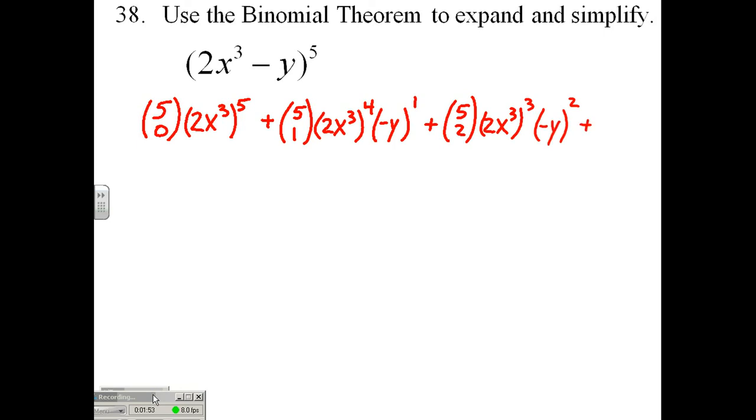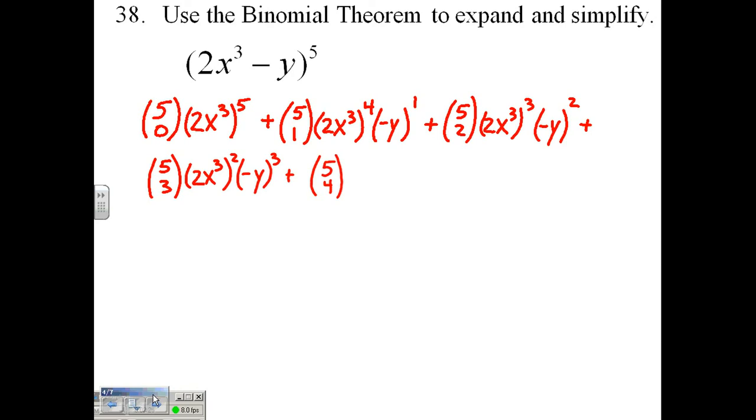Plus C5, 3, decreasing my 2x to the cubes yet again. 2x cubed. Now we're down to a pair of those. So we need to balance that with 3 of the negative y factors. Plus C5, 4.